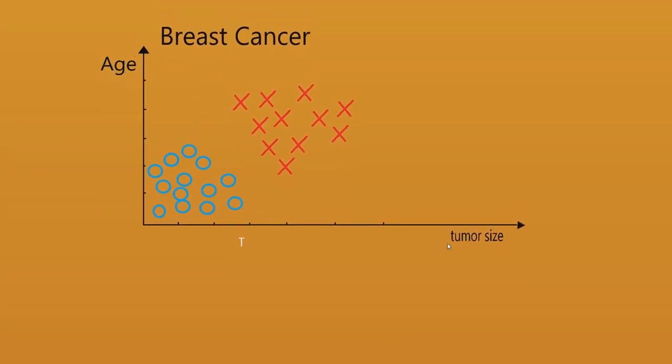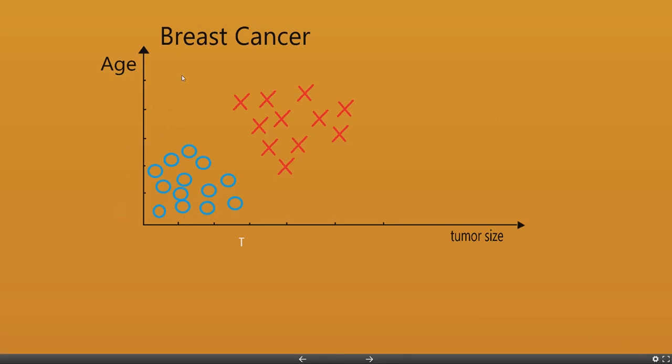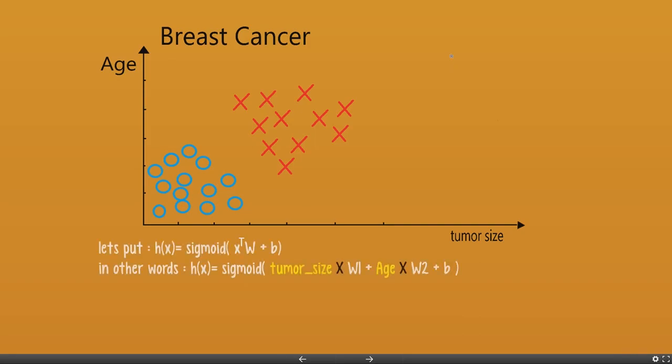We have the age and the tumor size, that means we have two x's. In this area, you can notice that these are the malignant tumors, and these are the benign tumors, and we want to split them in two.